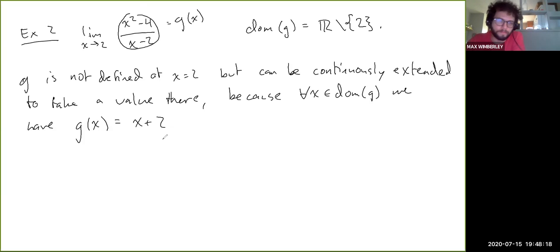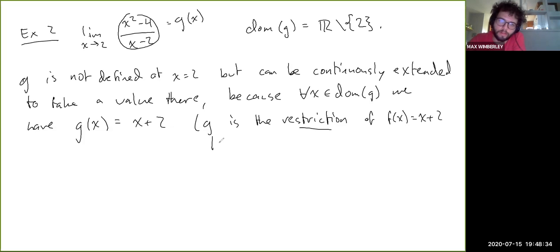In the language of restrictions, you could think of g as the restriction of f of x equals x plus 2 to R without the point 2. So it has a deleted point; there's a point that's been deleted from the domain.